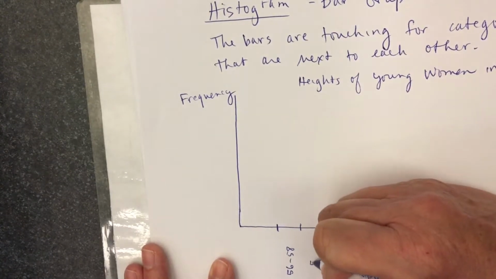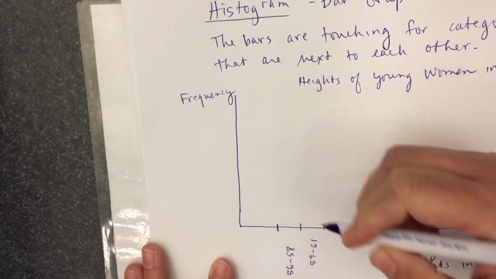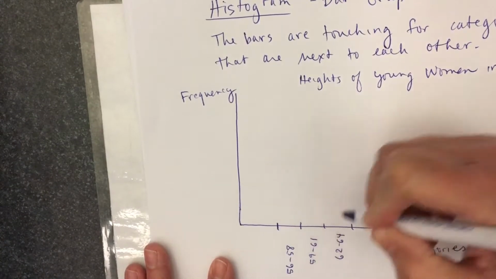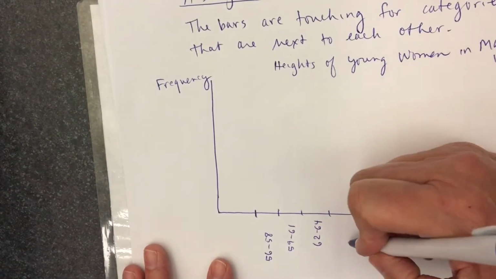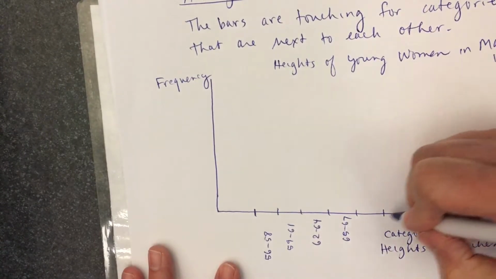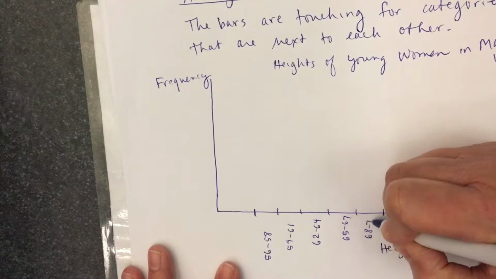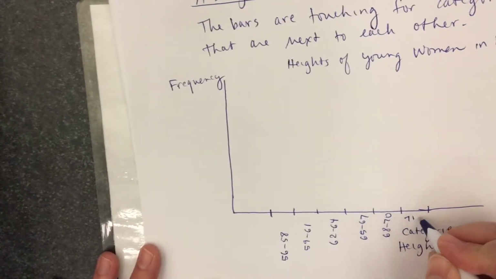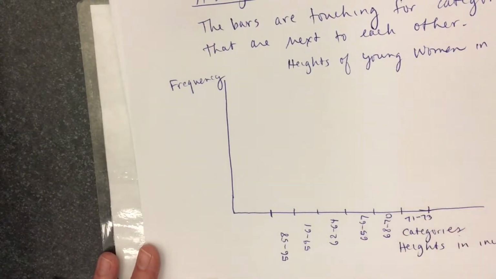The next one is 59 to 61. Then I have 62 to 64. 65 to 67, 68 to 70. This next one I'll just write straight across, 71, 73.